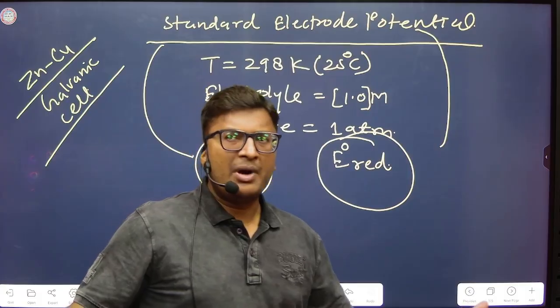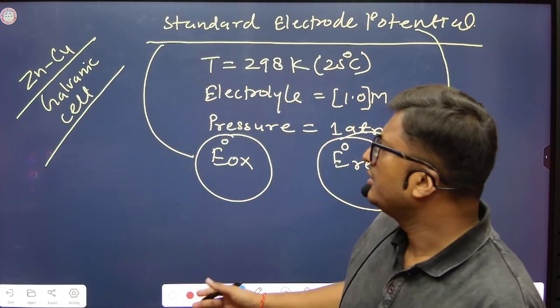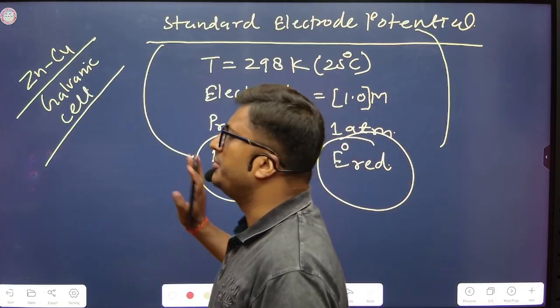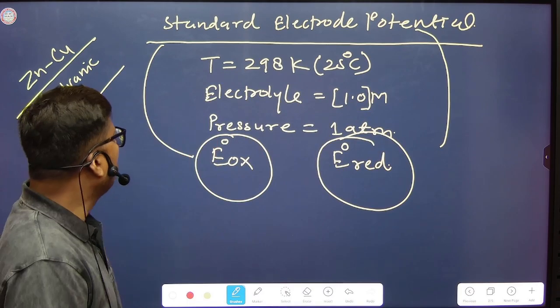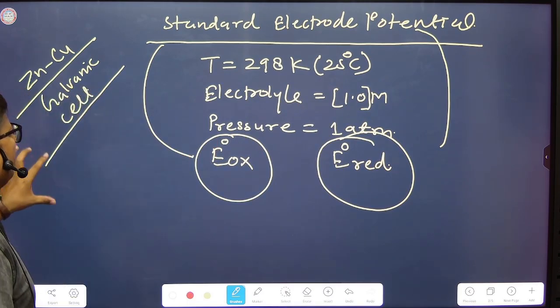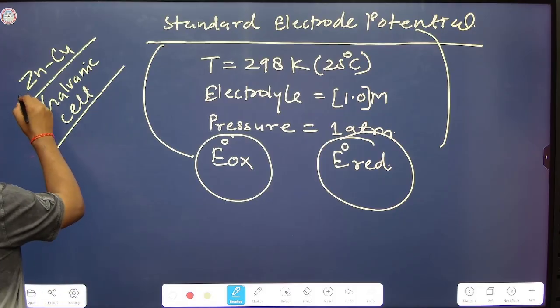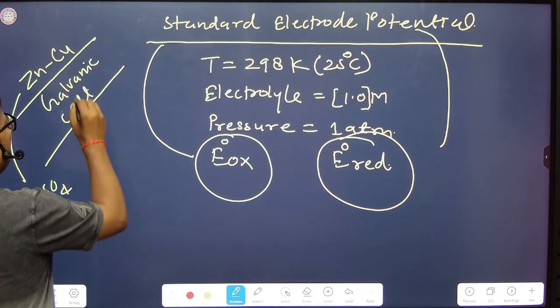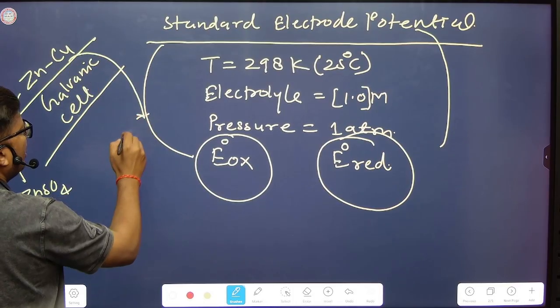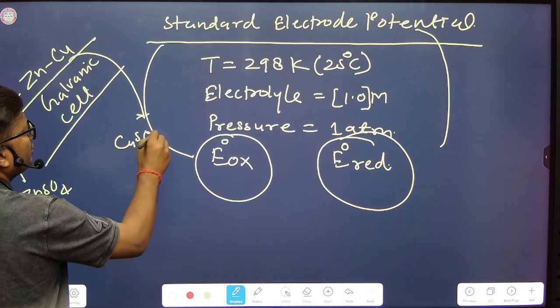Here two types of metal rods are connected through a salt bridge. In the previous lectures I explained that the zinc metal rod is dipped in zinc sulfate solution and the copper metal rod is dipped in copper sulfate solution, right?